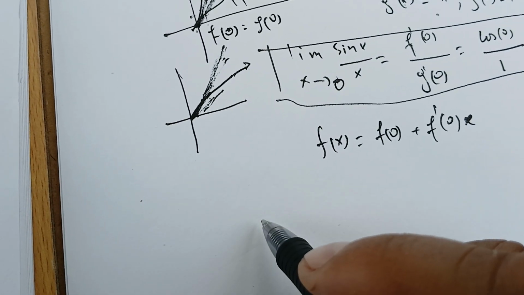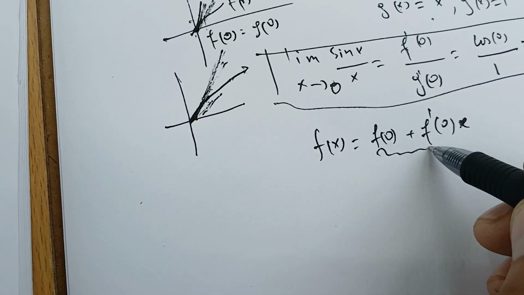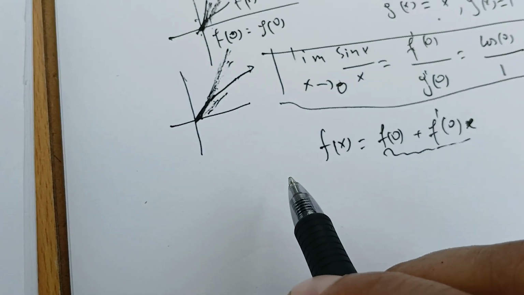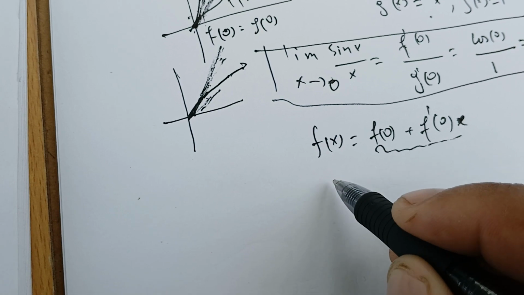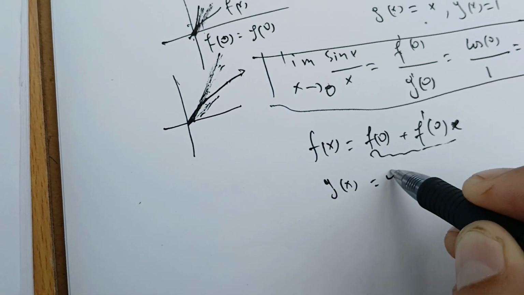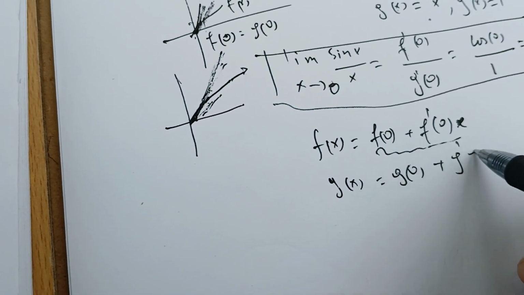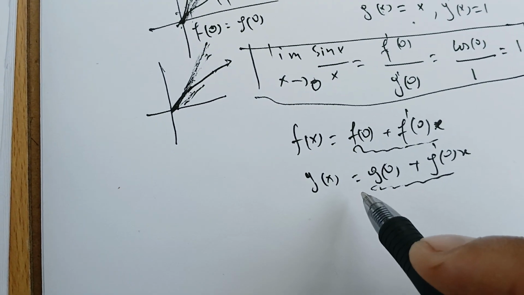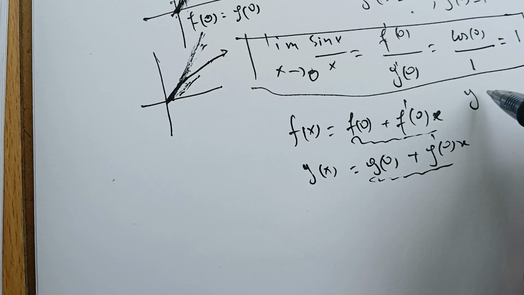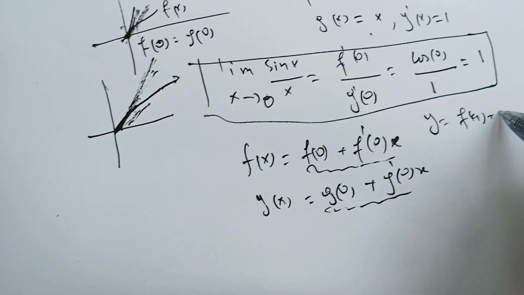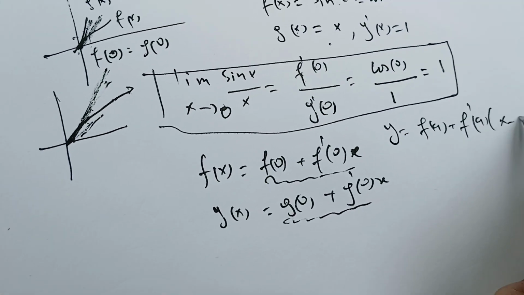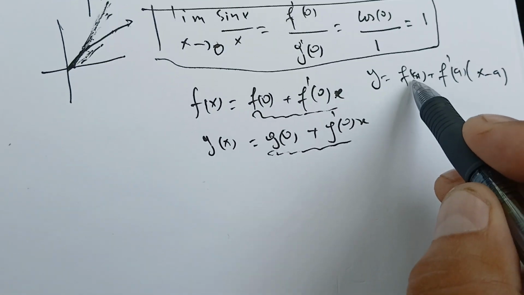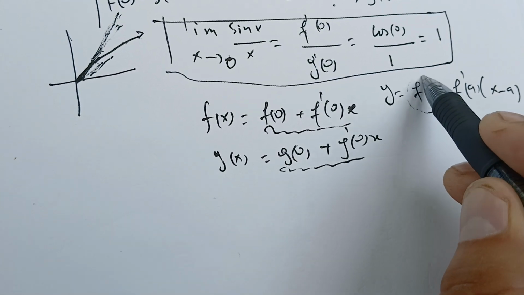That's the approximation. So this is the tangent line of f of x at 0. Remember, the tangent line is given by f of a plus f prime of a times x minus a. In this case, our a is 0, so we don't need it.